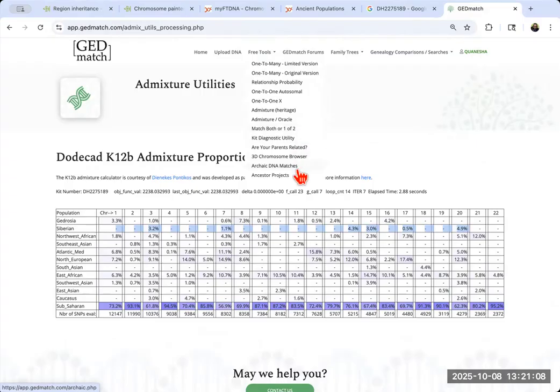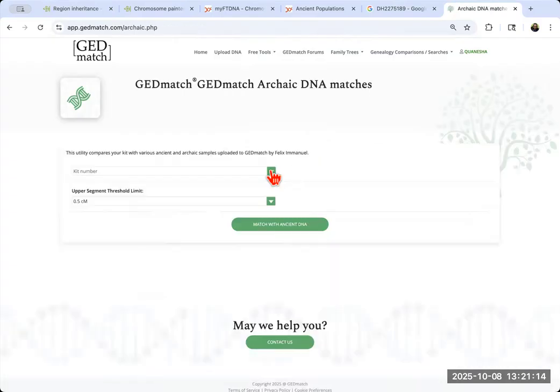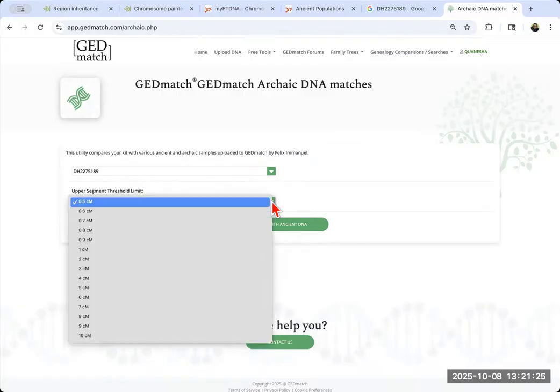The other thing that I'm going to run for this person is going to be their archaic DNA matches. And in clicking there, archaic DNA matches, what I want to note is you have different segment thresholds.